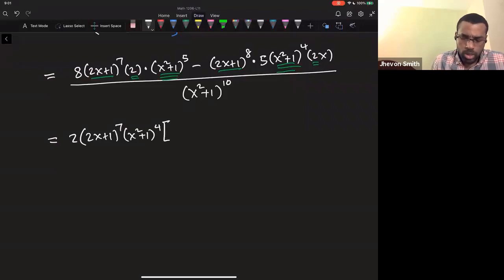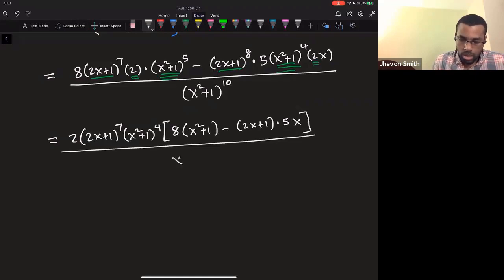We are left over with the 8, x squared plus 1 minus 2x plus 1 times 5x, over x squared plus 1 to the 10th.